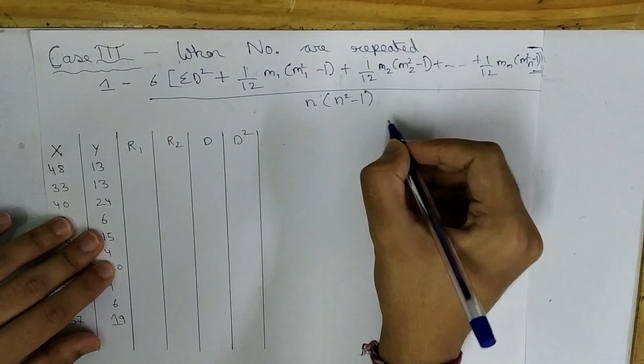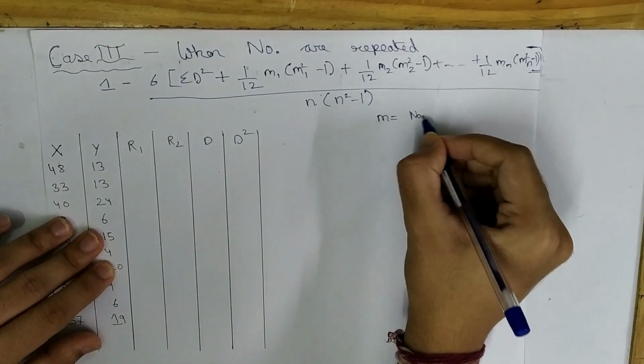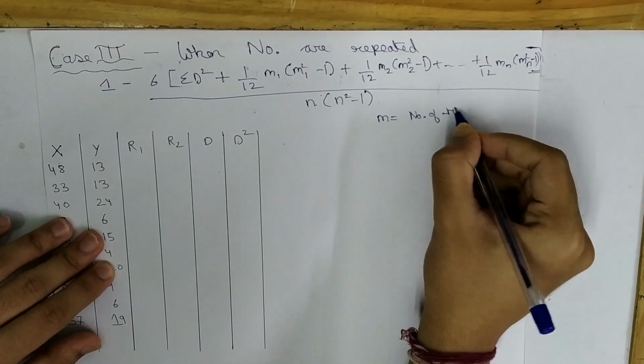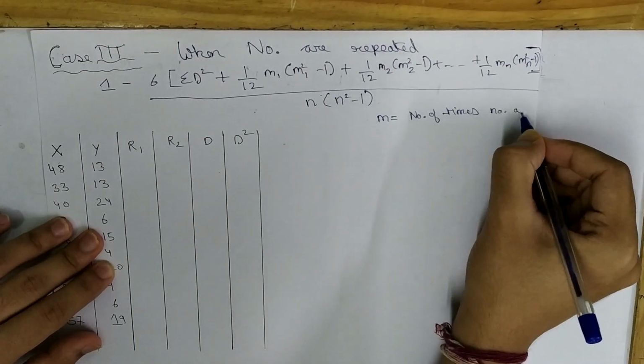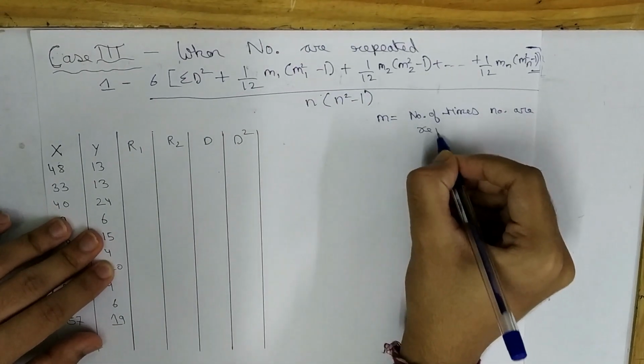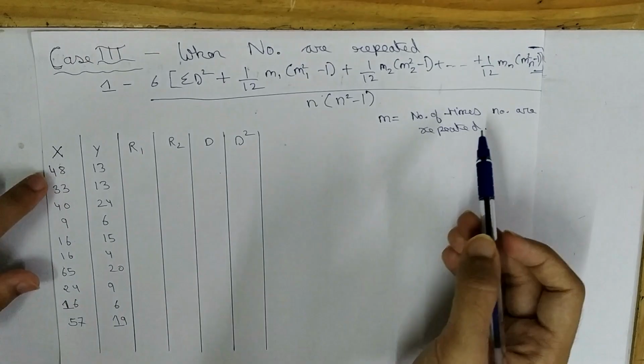Here m is the number of times a number is repeated. This will be more clear further.